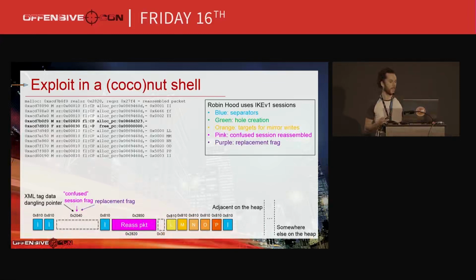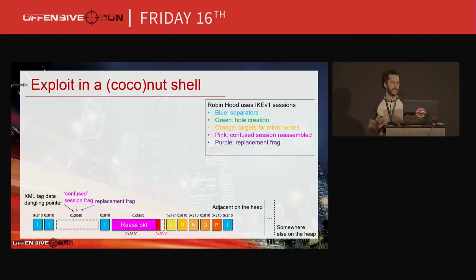So we end up allocating a buffer which is smaller than what we're going to copy, and we end up being able to corrupt the free chunk which is right after, and increase its size from 30 bytes to whatever we want, because we control the data that we use to corrupt this chunk.